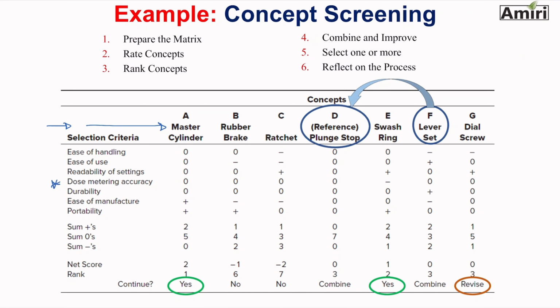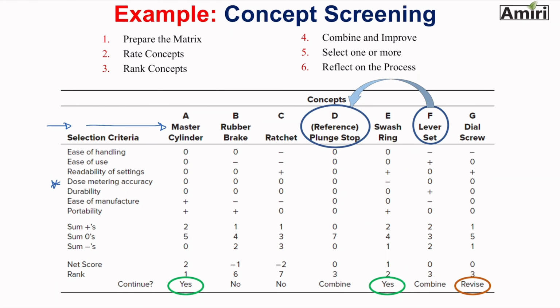Again, these came from QFD, from customer requirements, or they could have been modified a little bit further throughout the process. The next thing is you select a reference. In this case, concept D was selected as a reference. You don't have to select one of your concepts.